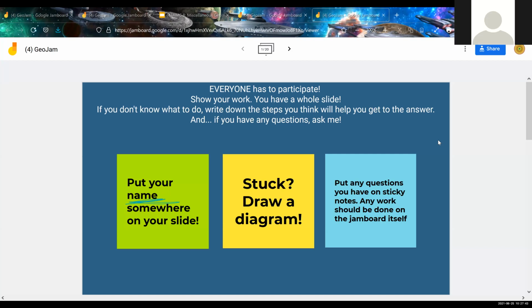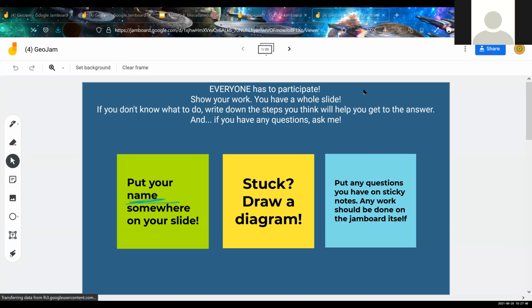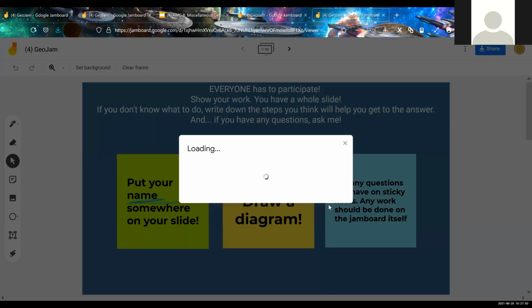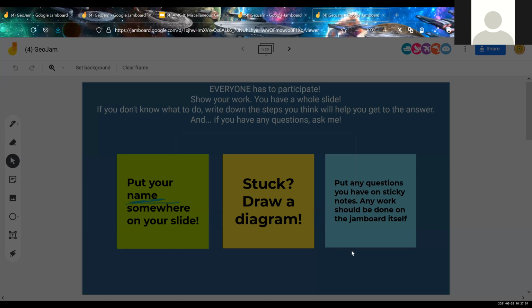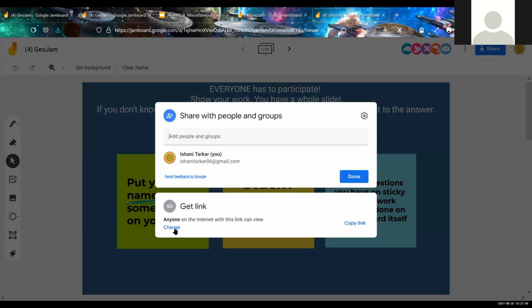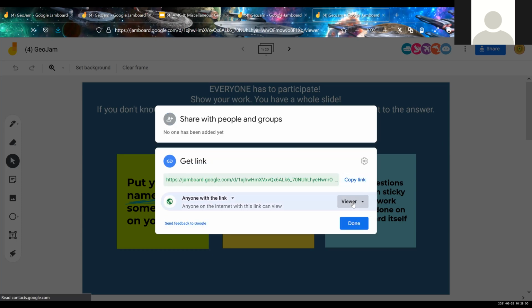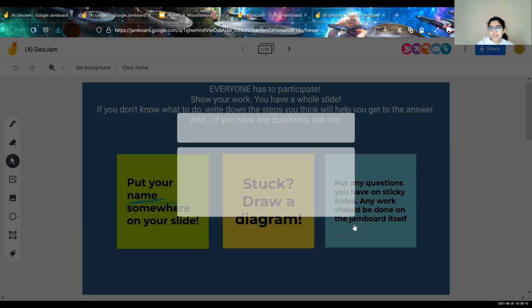It's view only. Oh, okay. Let me just quickly change that. Okay, now you should be able to edit it.